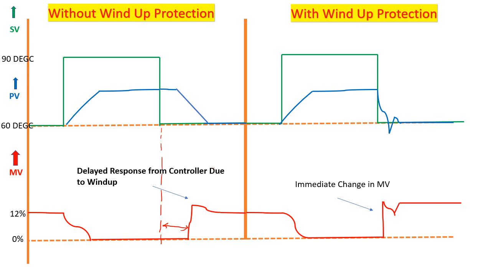And this is the feature of the controller with wind-up protection. So on the left side without wind-up protection, and on the right side with wind-up protection. So I hope you have understood from this the difference between these two situations.